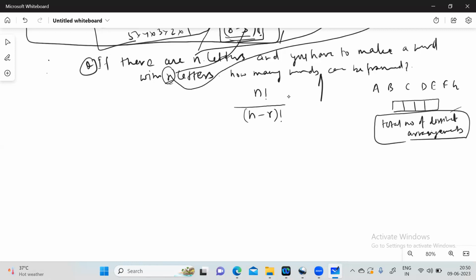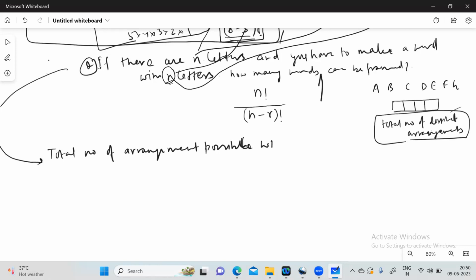Okay, so I will redraft this statement as: total number of arrangements possible with n letters or n objects.